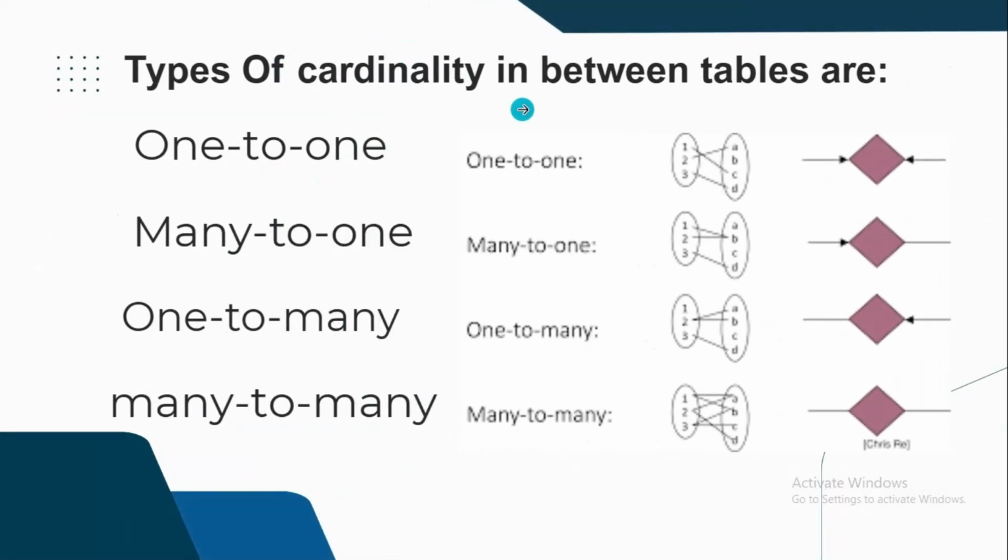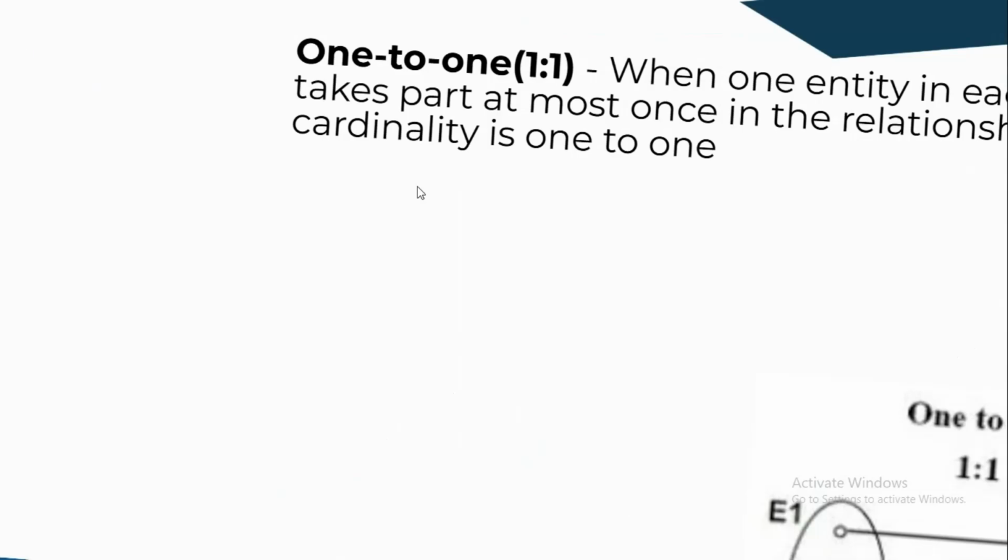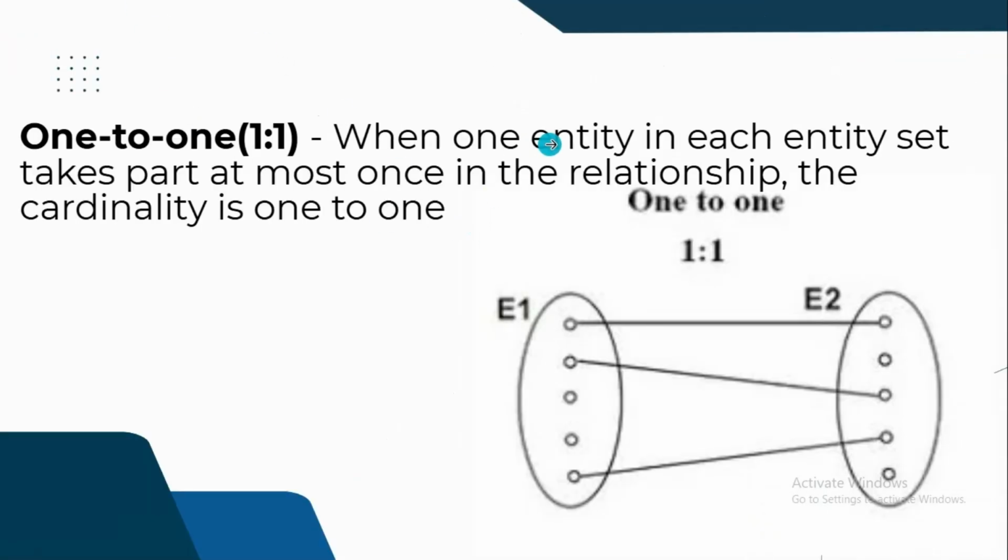There are three types of cardinality between tables: one to one, one to many, and many to many. Let us look at the example of a one to one relationship. When one entity in each entity set takes part at most once in the relationship, the cardinality is said to be one to one. In the diagram, you can see entity set 1 and entity set 2.